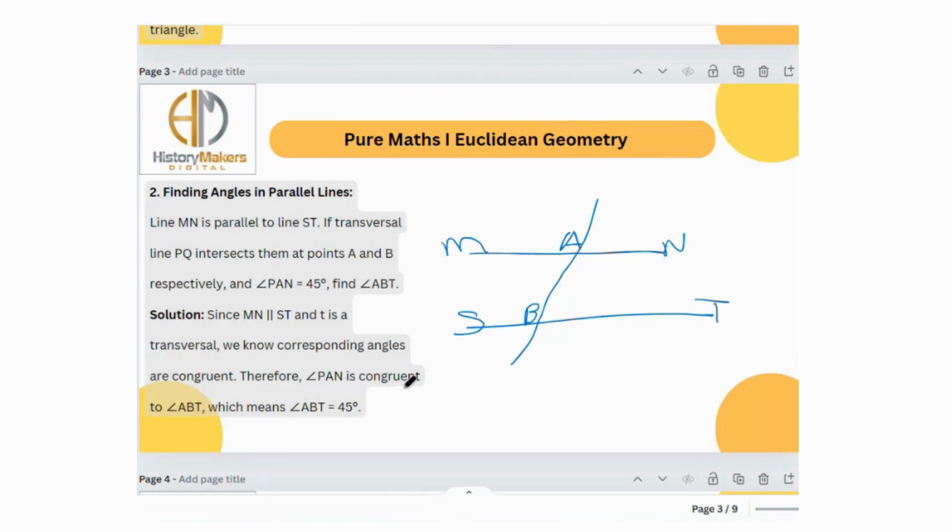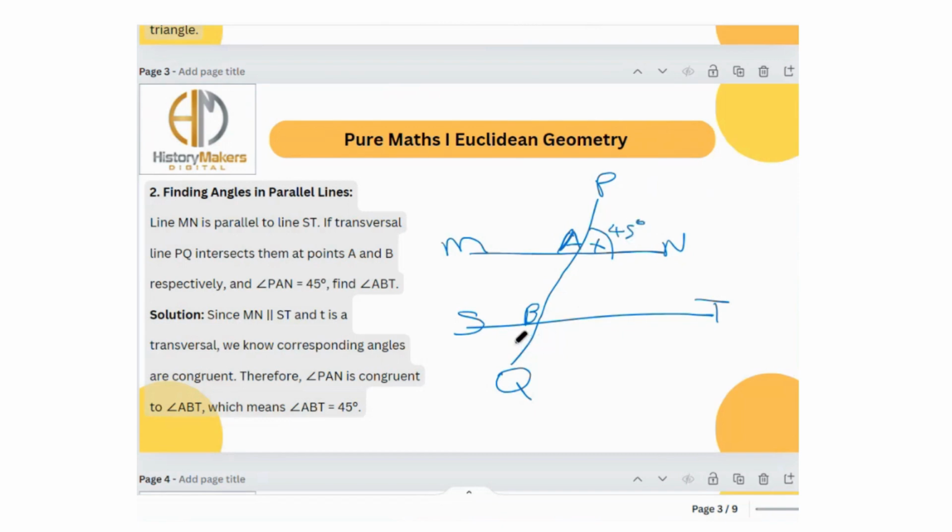Then angle PAN, where we determine that our transversal line is PQ. They say PAN angle here is 45 degrees. Okay.